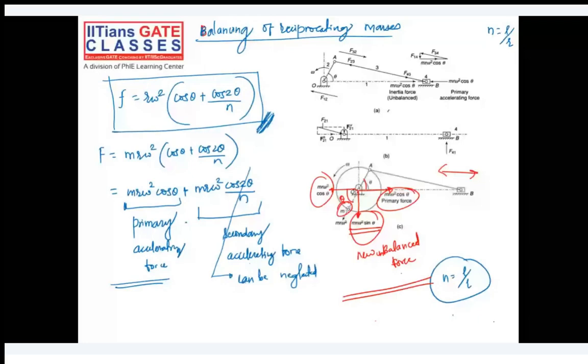So this is all you should be aware of as far as balancing is concerned. I would expect that if they're asking questions, they will ask from the rotary system only. Anyways, when we study some problems, these things will get revised, so you don't have to worry. And still, if you have any doubt till this, you can feel free to ask me.